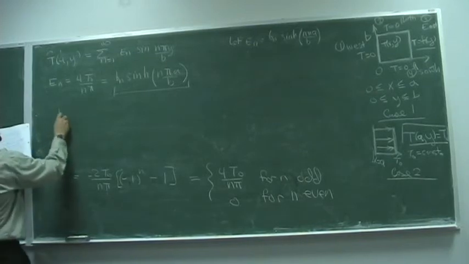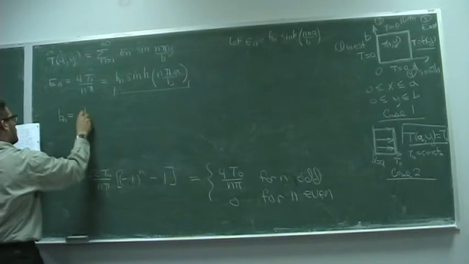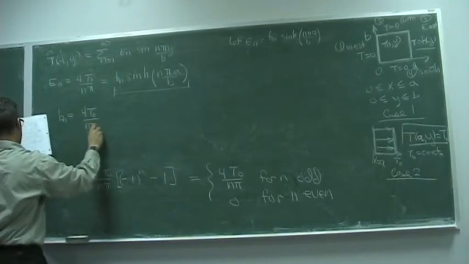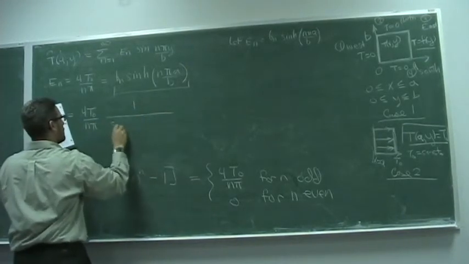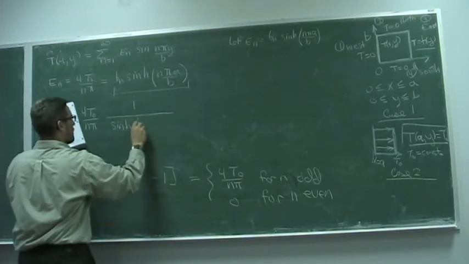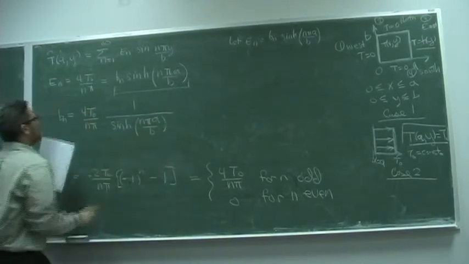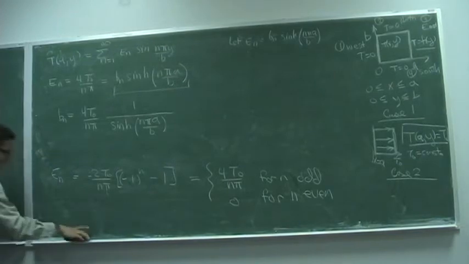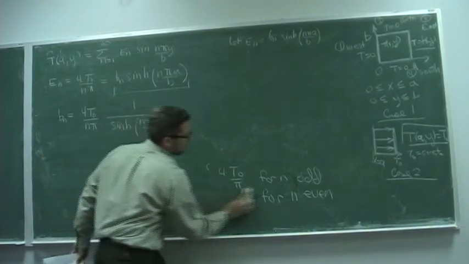So now I got b sub n equals 4 t0 over n pi times 1 over sine hyperbolic n pi a over b. Okay, there we go. I got b sub n now. All right. Finally, last step, let's substitute this whole thing back into our general equation.